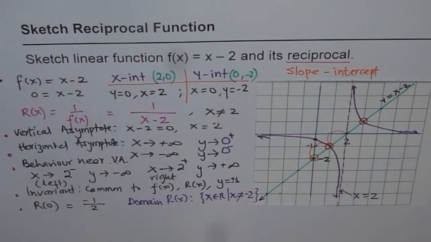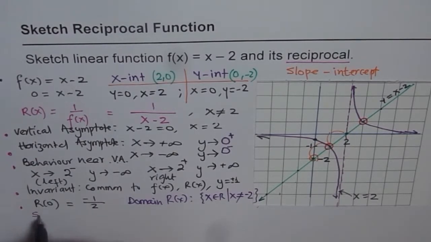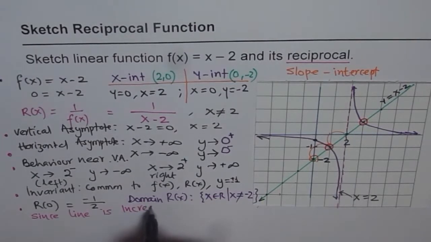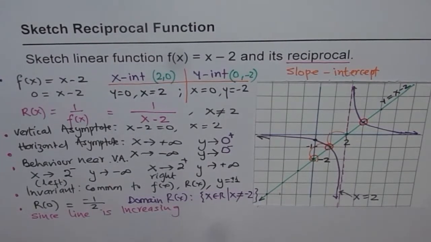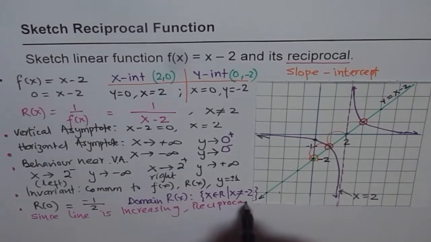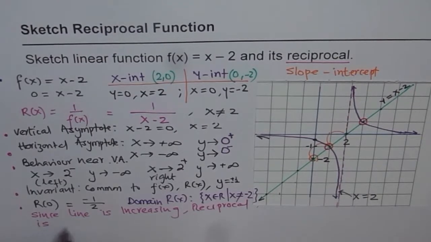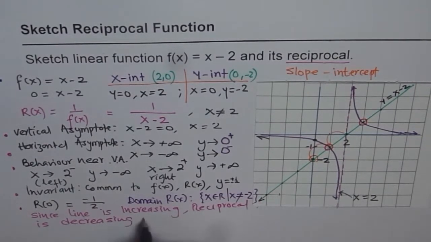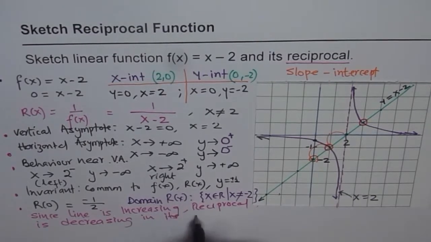So let's write down what we get from the graph. Since the line is increasing, the reciprocal is decreasing in its domain.